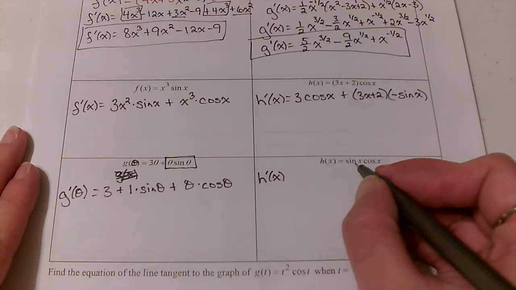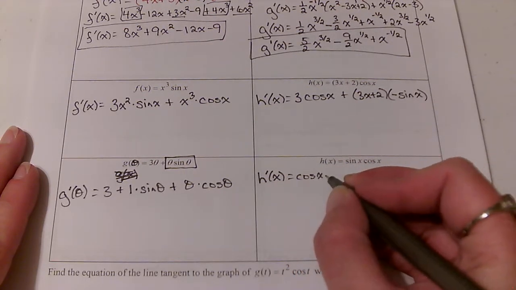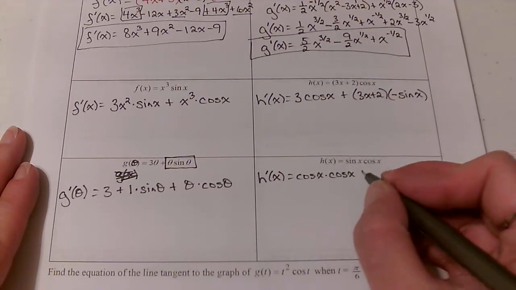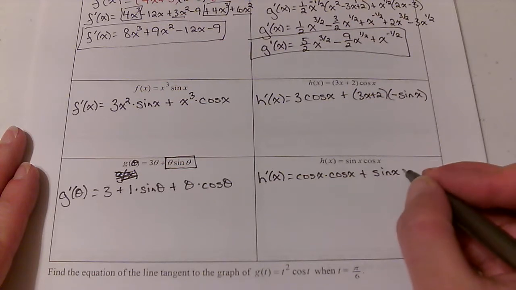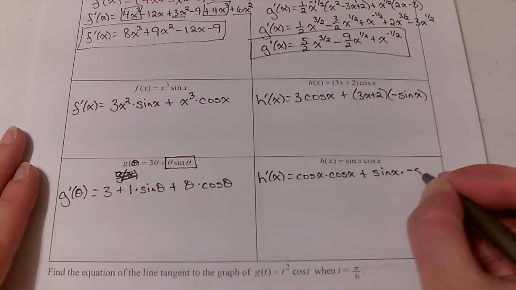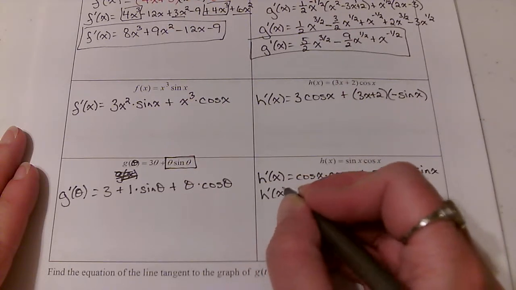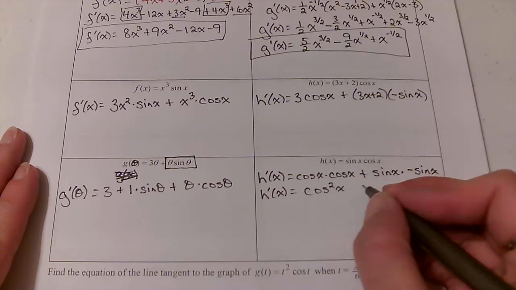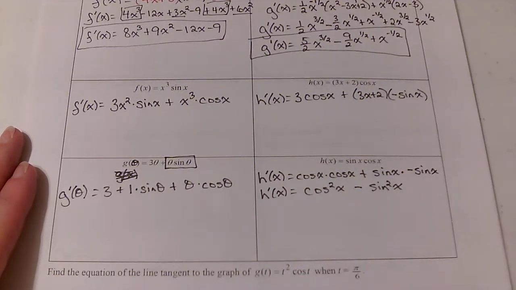The derivative of sine is cosine times cosine plus sine times the derivative of cosine. That's cosine squared. And that's going to be minus sine squared. That turned out kind of neat.